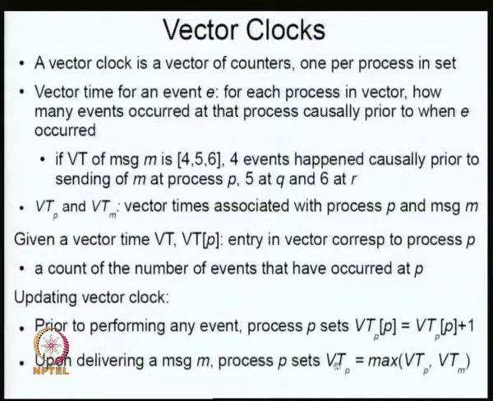I have to assign a particular time for the event that the message has been received by me, delivered to me. That means it has to be connected with either the most recent time I have or the most recent time reported by the incoming message. And since it is a vector, you have to do an entry by entry max, that is what you have to do.